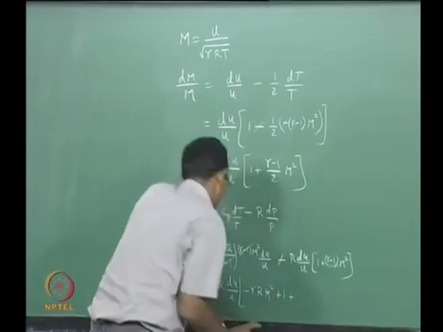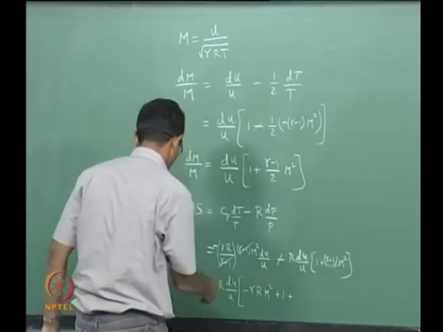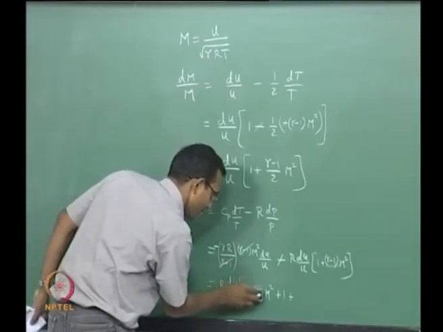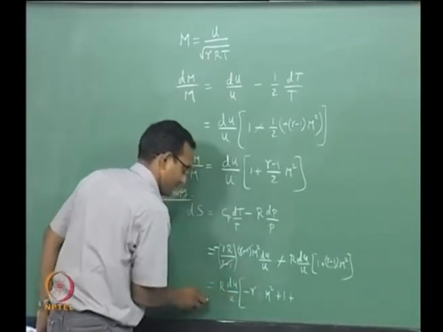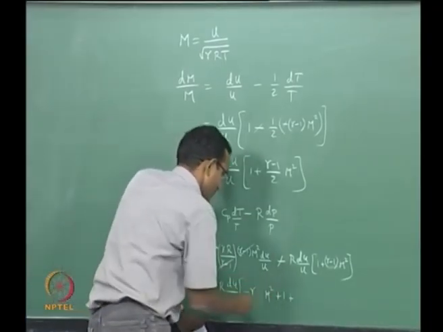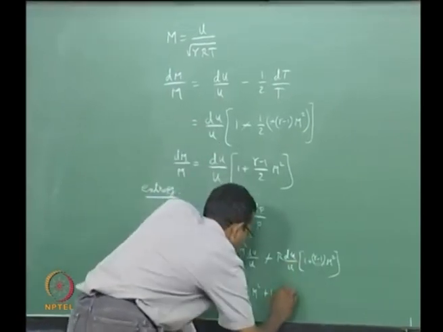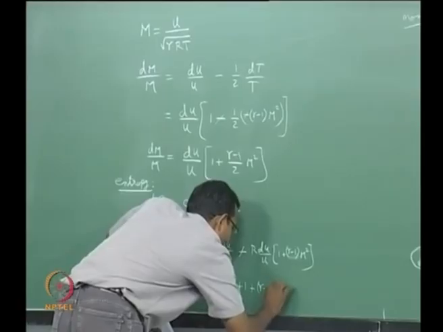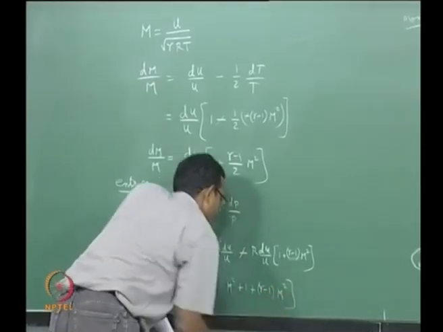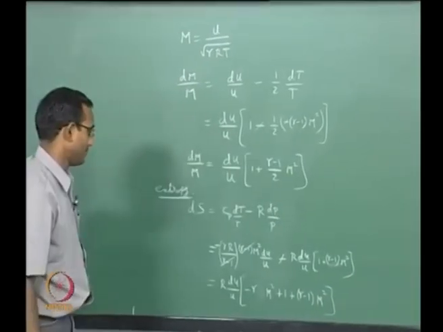Oh, r cannot be inside, I pulled out r already, sorry. So it is minus gamma m square plus 1 plus gamma minus 1 times m square. This is what I have.